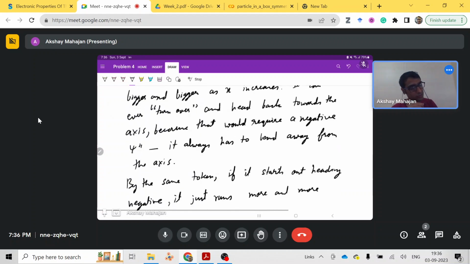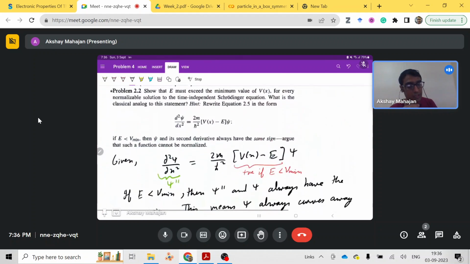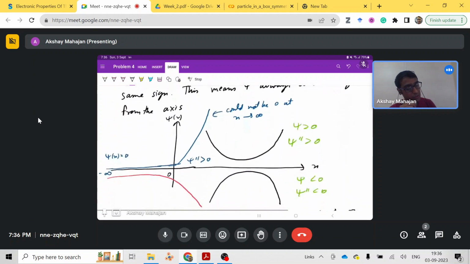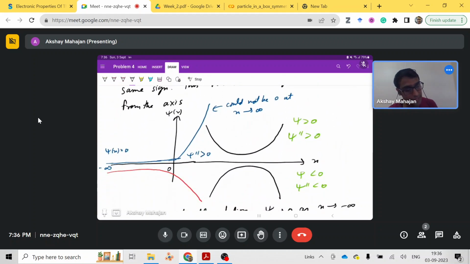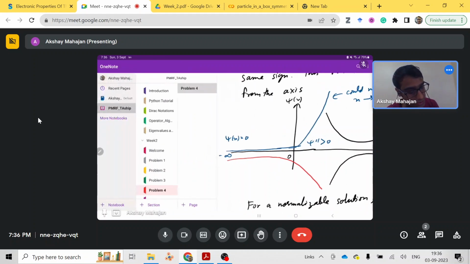So that's why our E could not be less than the V min, because in that case our function could not be normalized. It will always go away from the axis, and if you go from minus infinity, even if it goes positive or negative, it can never go back to 0 at x infinity, which we also needed for normalization.